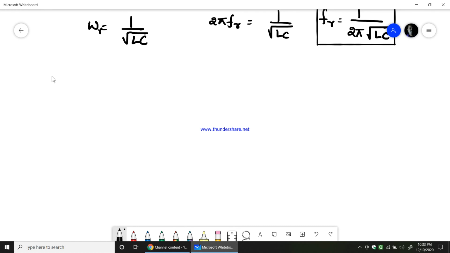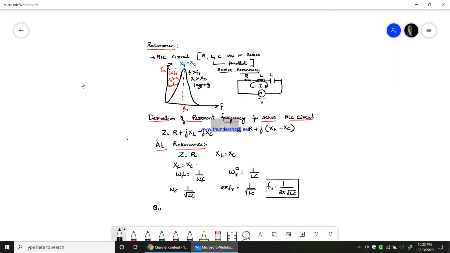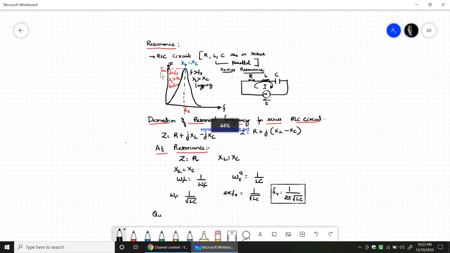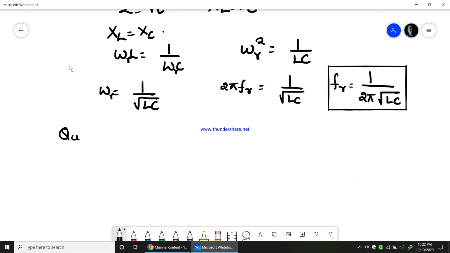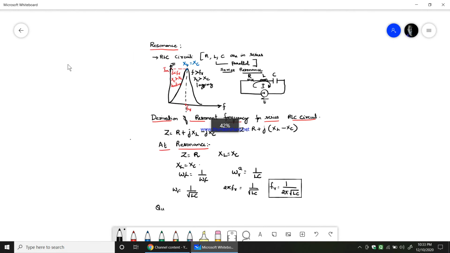Now we'll see the quality factor. Now let us see what is the quality factor for the series resonance. So let us now see the derivation for quality factor of the series resonance.